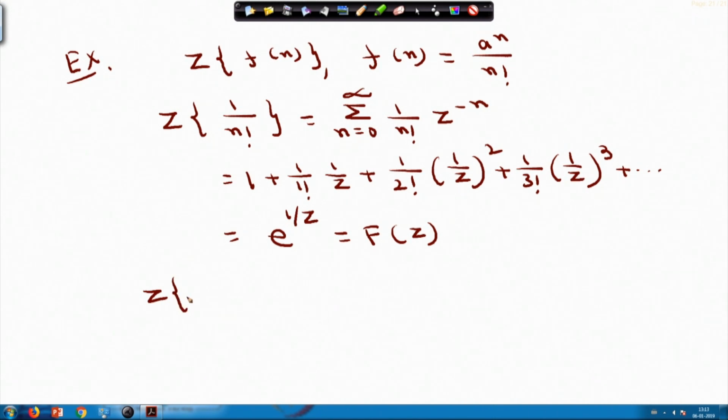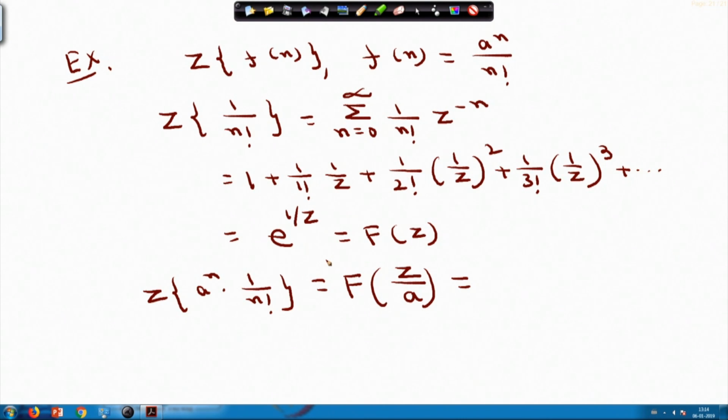So, the z transform of a to the power n into 1 by factorial n, using the scaling property, I can say is nothing but capital F of z by a, and capital F of z is e power 1 by z. So, that capital F of z by a will be equal to e power a by z.